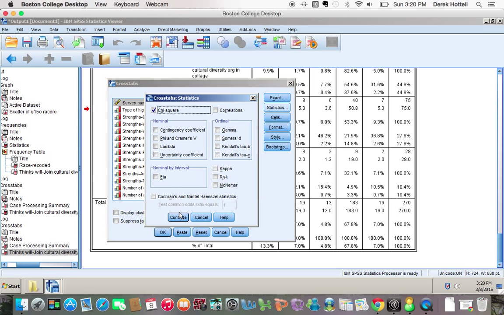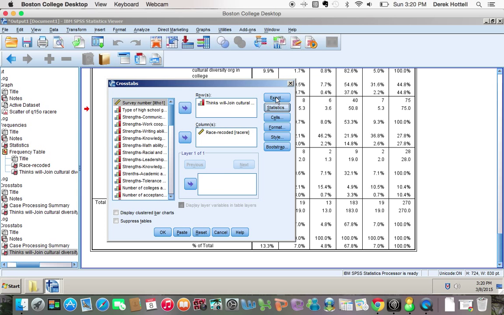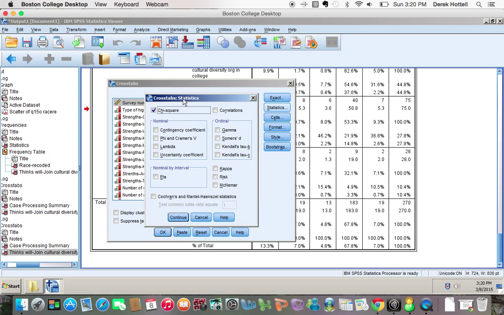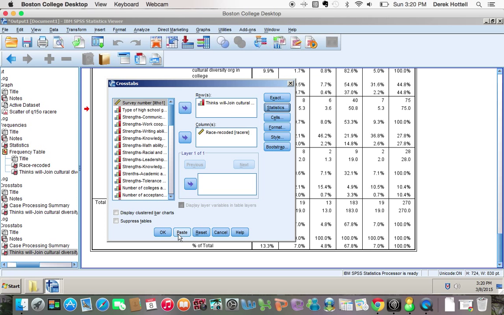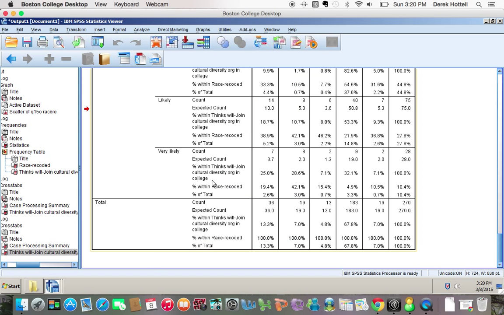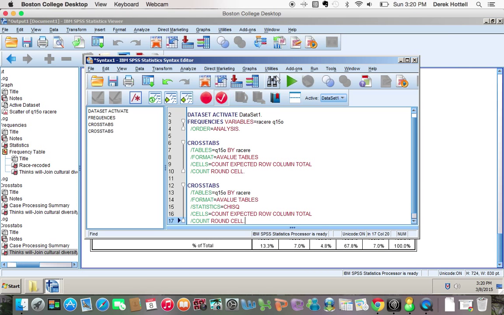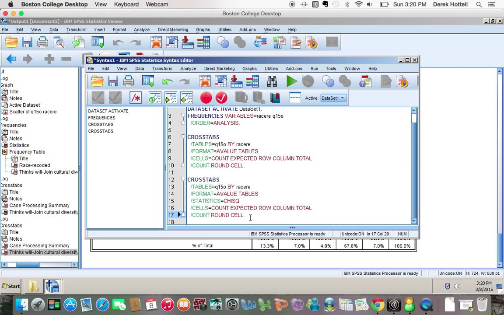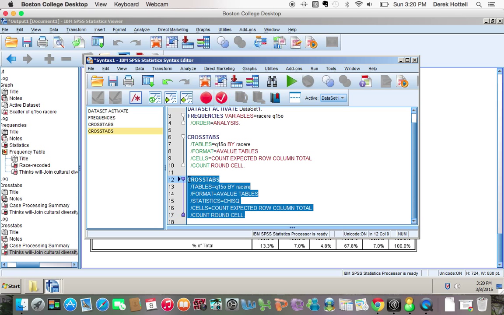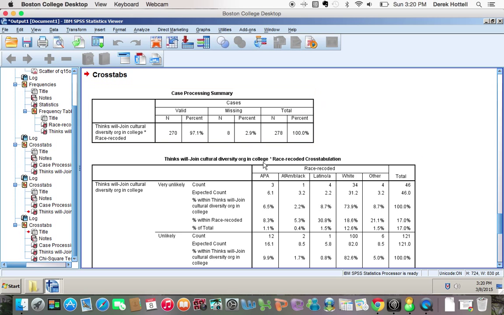Click Continue. So once again, that was under Statistics, and then that's where you can click chi-square, okay? And we're going to click Paste because we want to save that operation. We're going to go to Window, and we're going to go to Syntax. And let's highlight that operation and click Play.